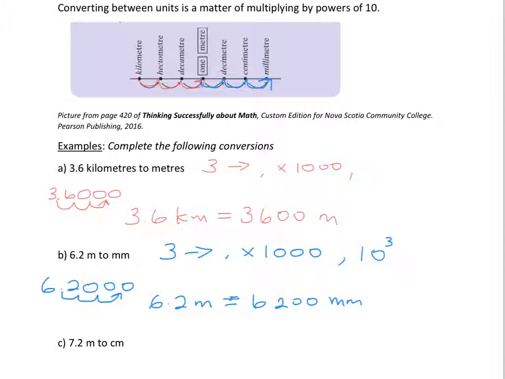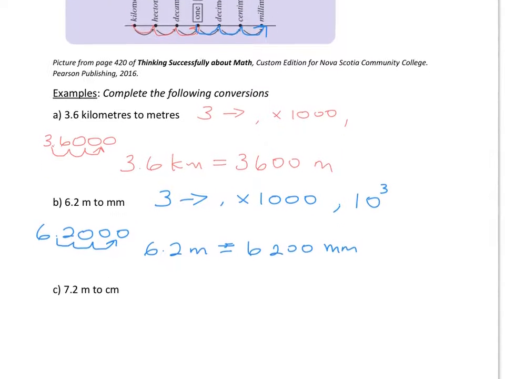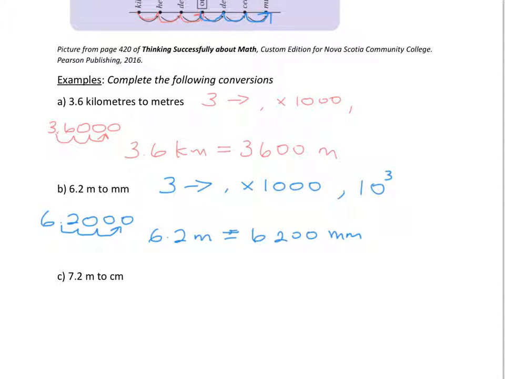And let's look at the next one where we're going from meters to centimeters. And this is centimeters, meters, kilometers, millimeters. Those are the most common measurements used. And those are the ones that really you should have memorized. We very seldom use hectometers or decameters, or decimeters for that matter. So I'm going 7.2 meters to centimeters. I'm going 2 steps to the right, or I'm multiplying by 100, or by 10 to the power of 2.